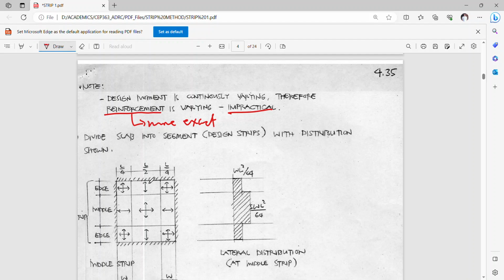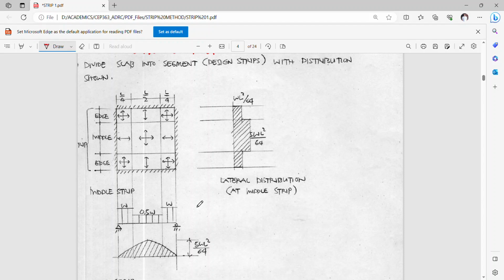So in these two directions, the moment variation will be based on this loading in this direction, if we call this the x direction, and this loading in this direction. So this is one.